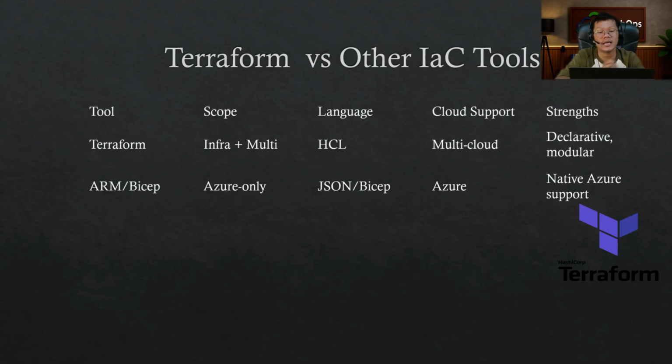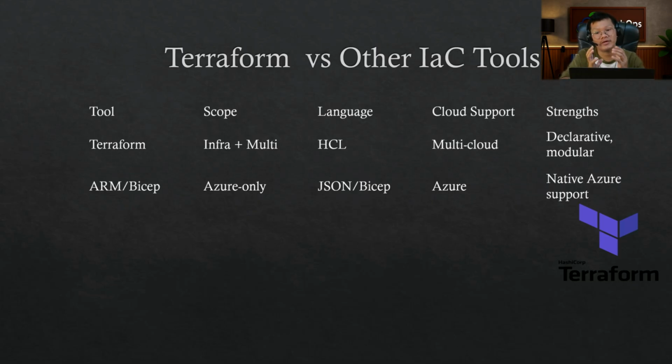It uses HCL, that means HashiCorp Configuration Language. Terraform supports multi-cloud providers and is declarative and modular. Declarative, as I mentioned, means you declare it as code and reuse it. Once your module or code is ready, you can reuse it in whichever environment you wish.